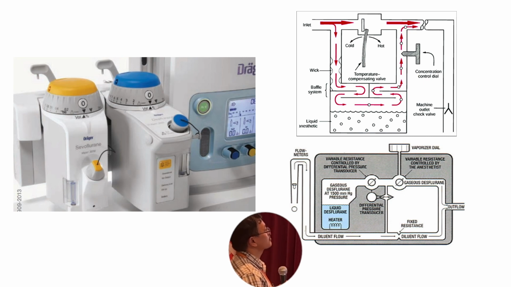So you have your main flow, and then your flow that's going to go through the wick system, and then it's going to be fully saturated. The key with modern vaporizers is that they make sure that the bypass flow is fully saturated with vapor, and then it will rejoin and go to the patient.